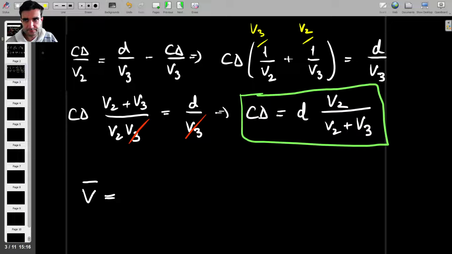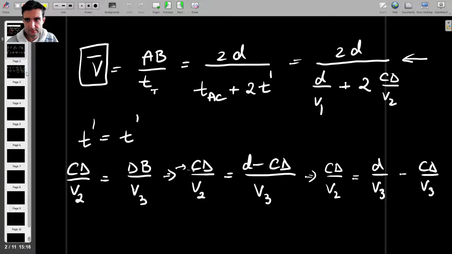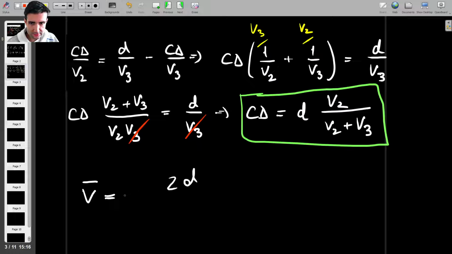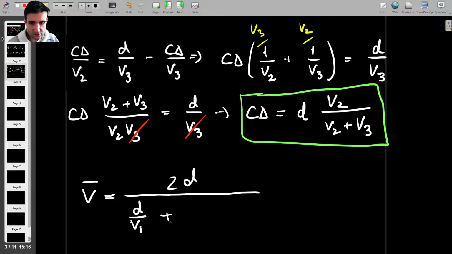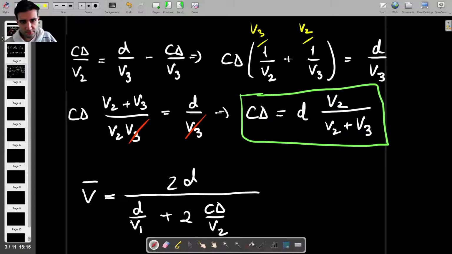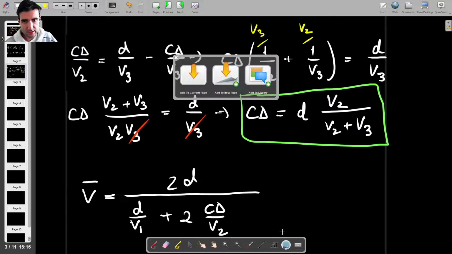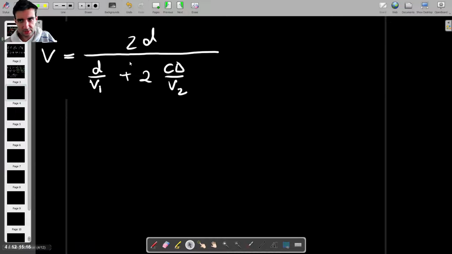So average speed equals 2D divided by, so we had, I think, d over v1 plus 2cd, actually, I'll just copy it for now. So 2cd over v2. So let me move this to the next page and we'll do the substitution here.